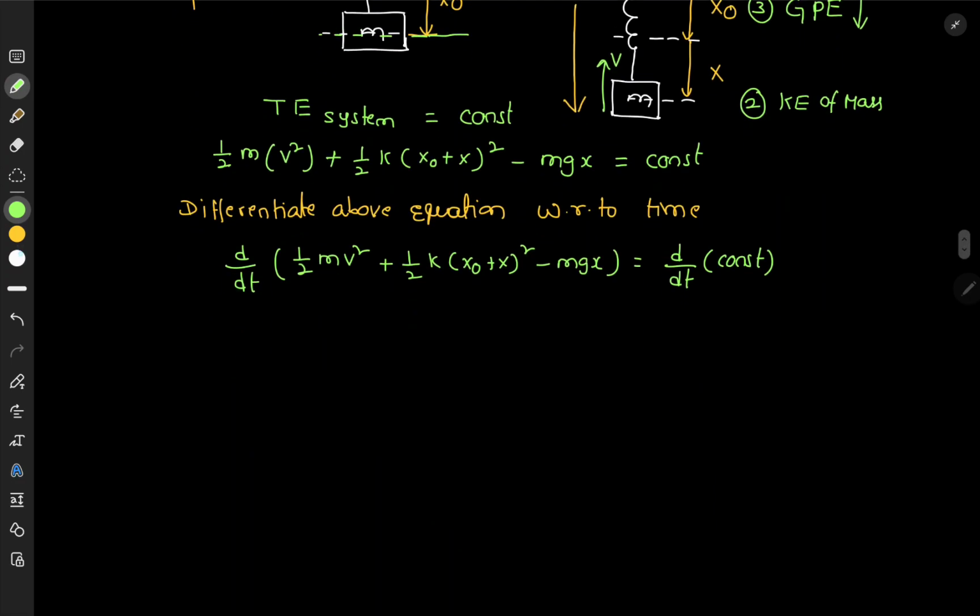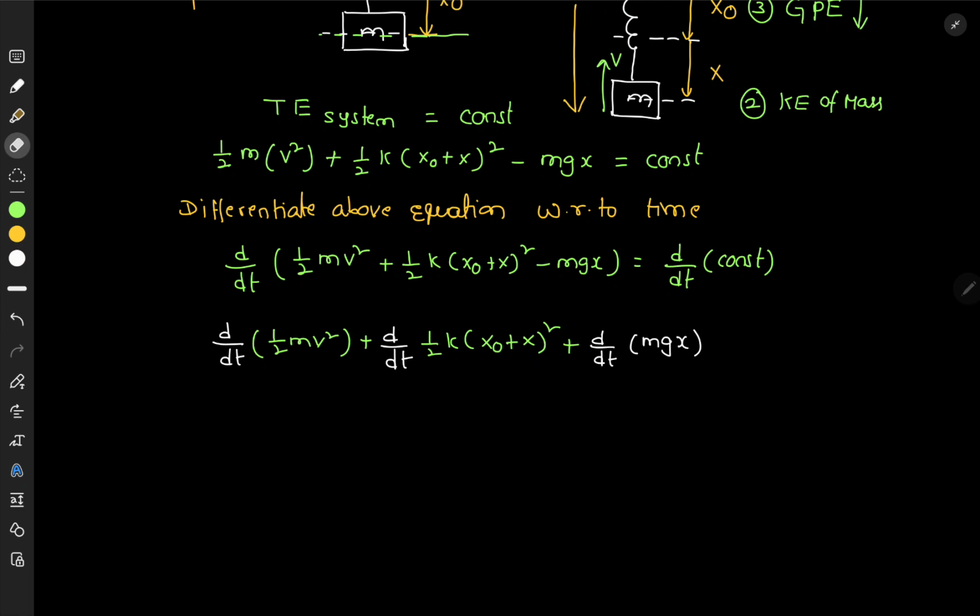We write separately: d by dt of half m v square, plus d by dt of half k (x naught plus x) whole square, plus d by dt of mgx.